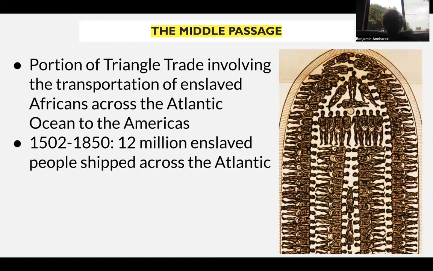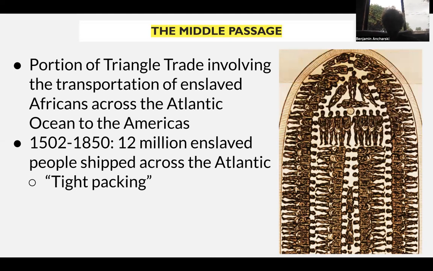Because between 1502 and 1850, about 12 million people from Africa are going to be shipped from regions across West and East Africa to places like the United States, places like the Caribbean, places like Brazil and Mexico. And the conditions on these slave ships are extremely brutal.